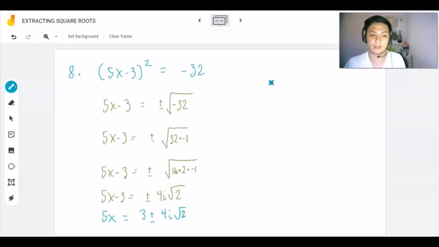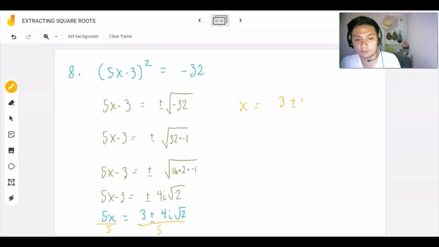Ano ang last step? Yan ay syempre to divide both sides by 5 para eliminate na yung coefficient na 5 and get the value of x or 1x. So, we have x equals 3 plus or minus 4i square root of 2 all over 5.